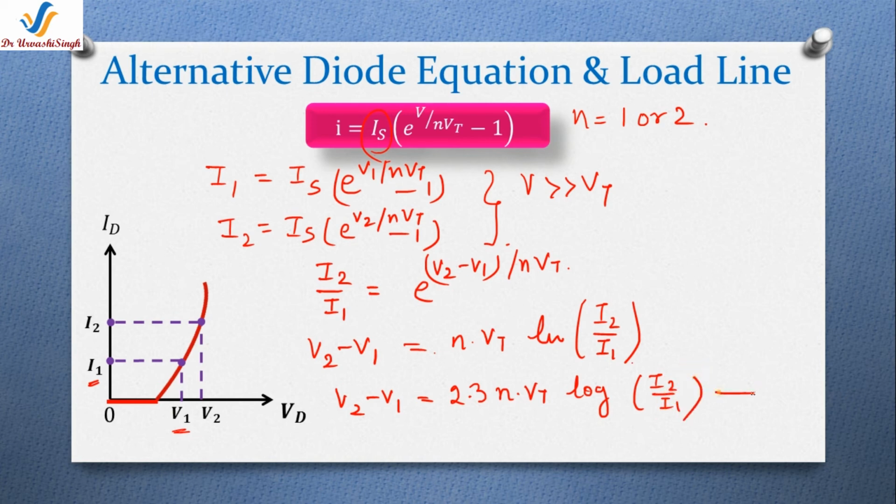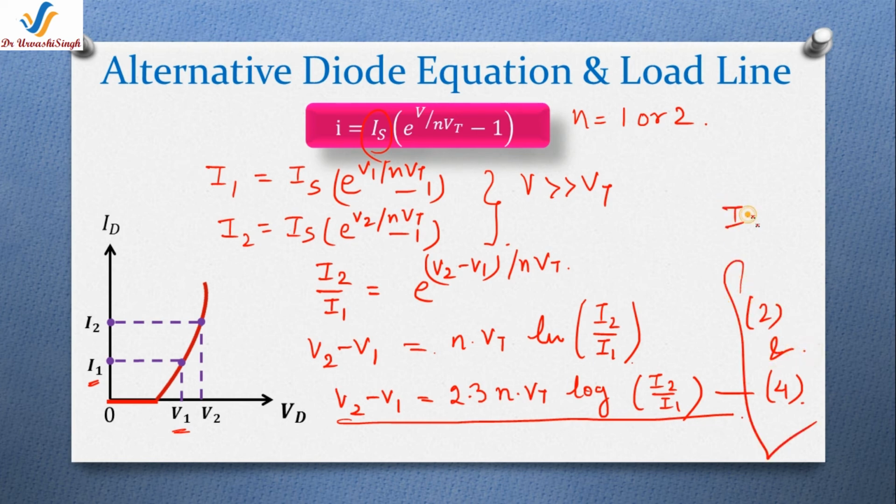So this equation, equation number 4, is the alternative diode equation. Using equations 2 and 4, one can find out the diode current and the diode voltage for a circuit using iterative analysis.